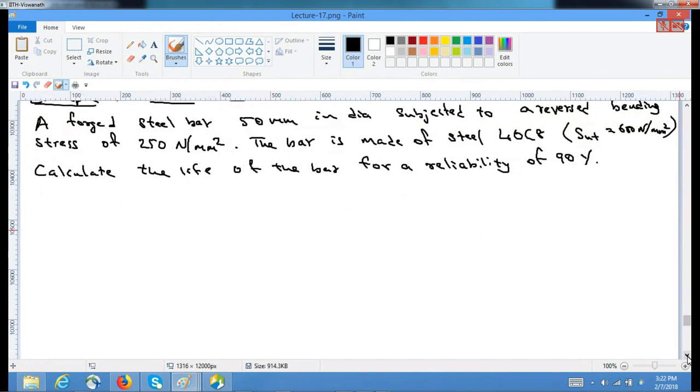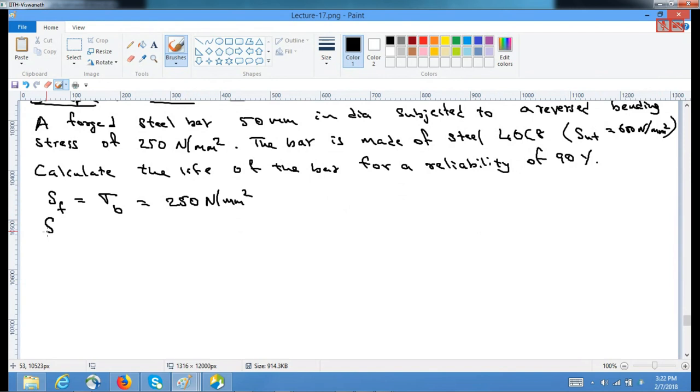So we know that in this case our SF is sigma B, which is 250 Newton per mm square.